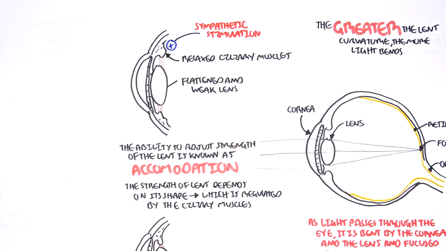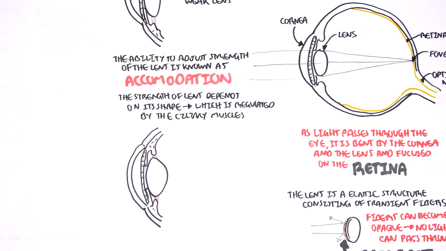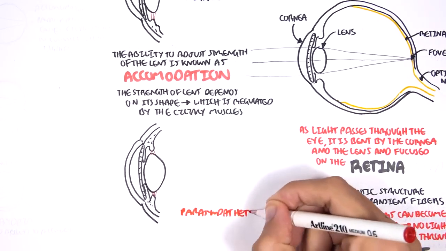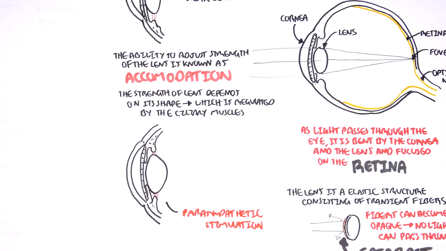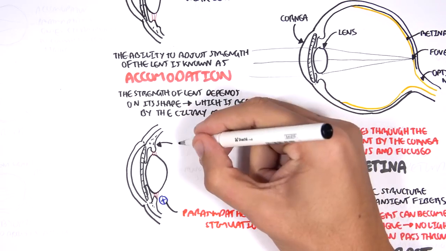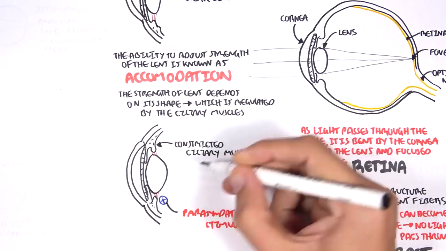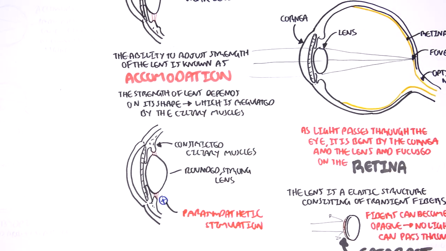So it will basically make it relax. Parasympathetic stimulation, on the other hand, will constrict the ciliary muscles, resulting in a rounded, strong lens. So it's adjusting the strength of the lens for accommodation. And these changes that the lens can perform, being round and stronger, are part of accommodation.